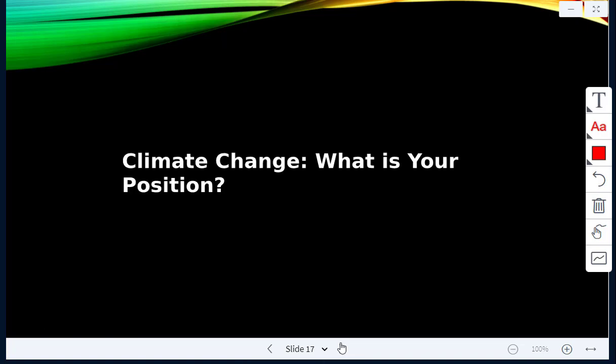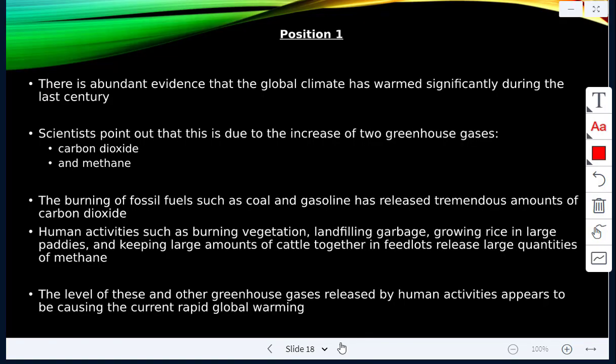All right, so climate change, what is your position? There are two positions. Position one: there's a lot of evidence that the global climate has warmed significantly during the last century because of the increase of two greenhouse gases, carbon dioxide and methane. It's because of the burning of fossil fuels, such as coal and gasoline, which releases tremendous amounts of carbon dioxide.